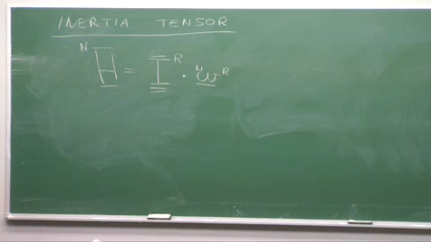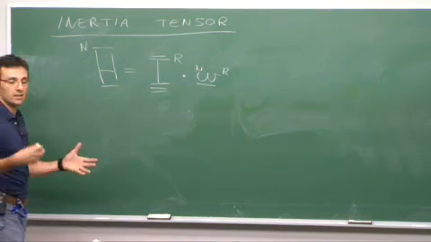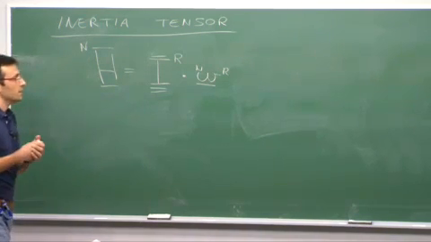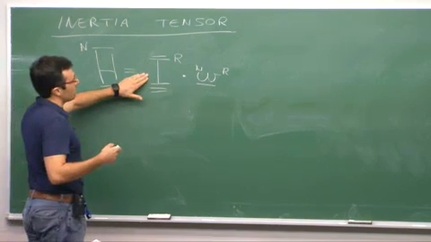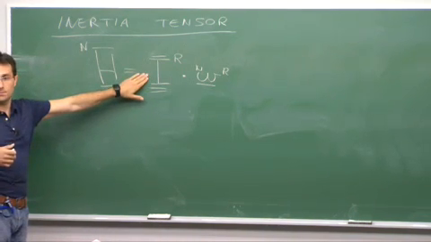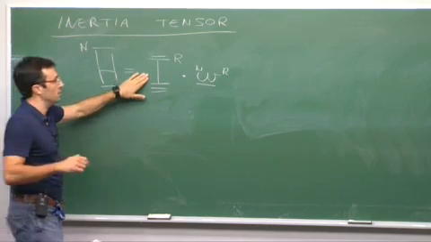But I told you several times, there are some coordinate systems attached to the body that give you basically all the products of inertia going to 0. So let's comment a little more about that.